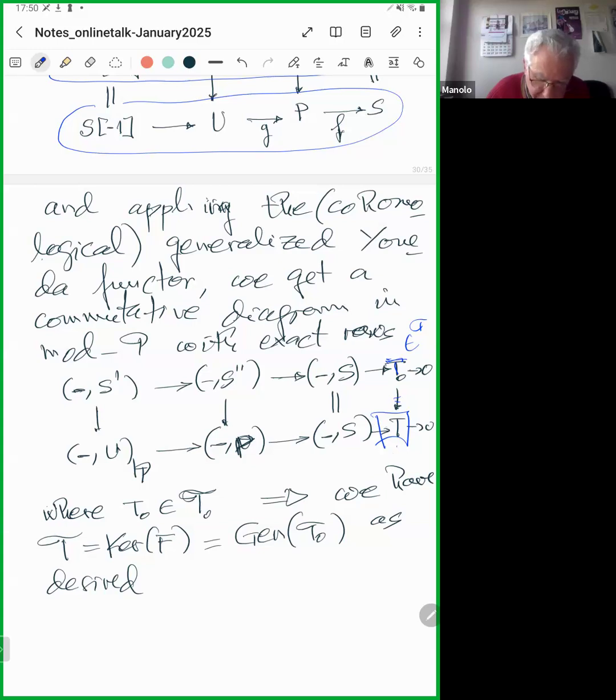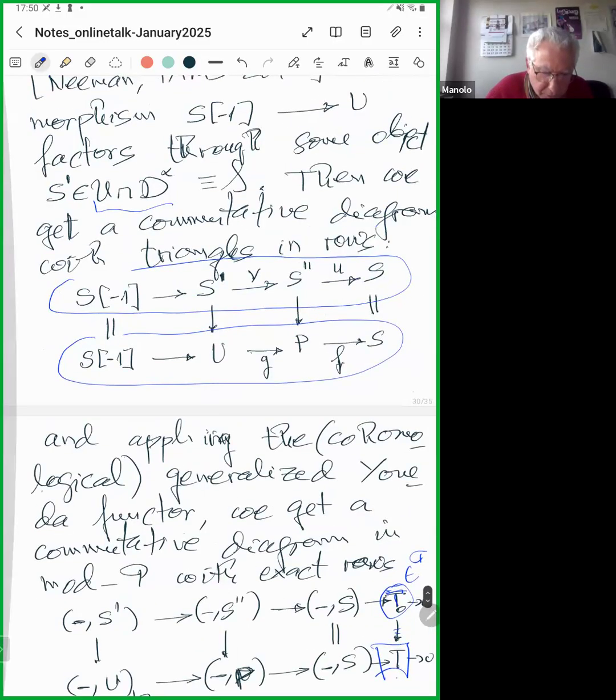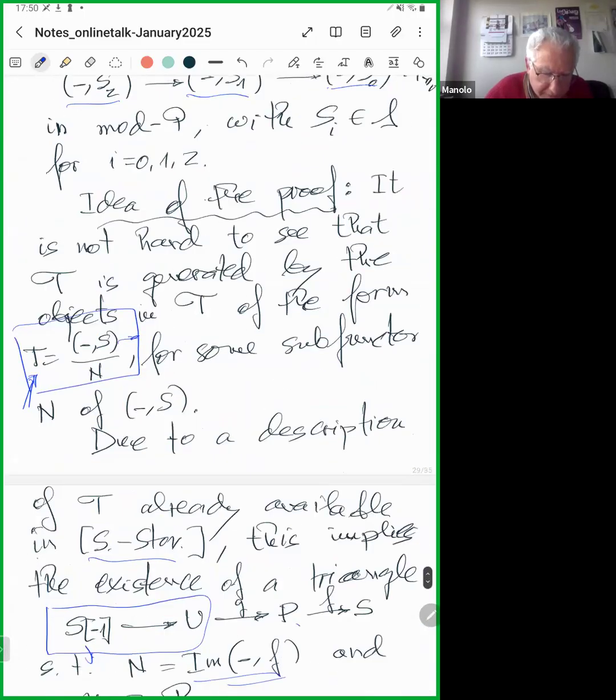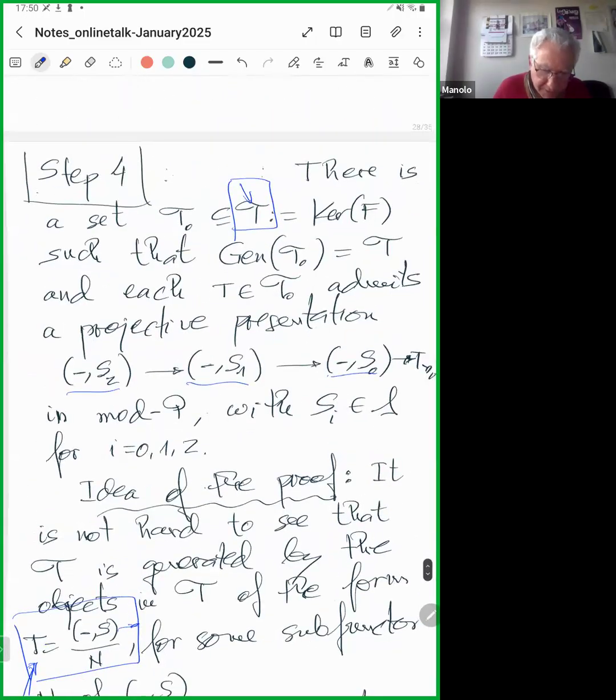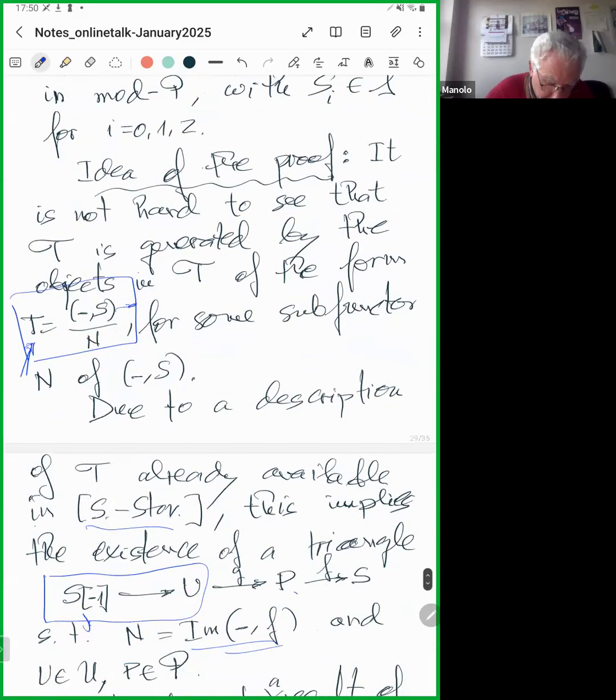Since all these T's generate the torsion class, then all these T0 generate the torsion class up to quotients, and that is exactly what I was saying here. So T is generated by objects that admit a projective presentation like that.